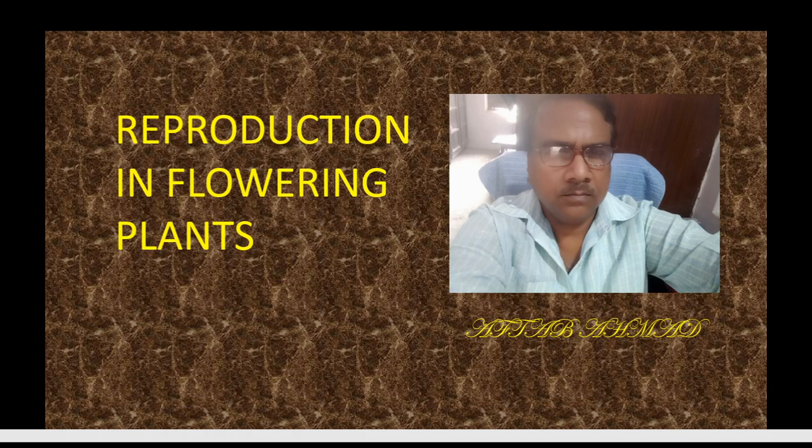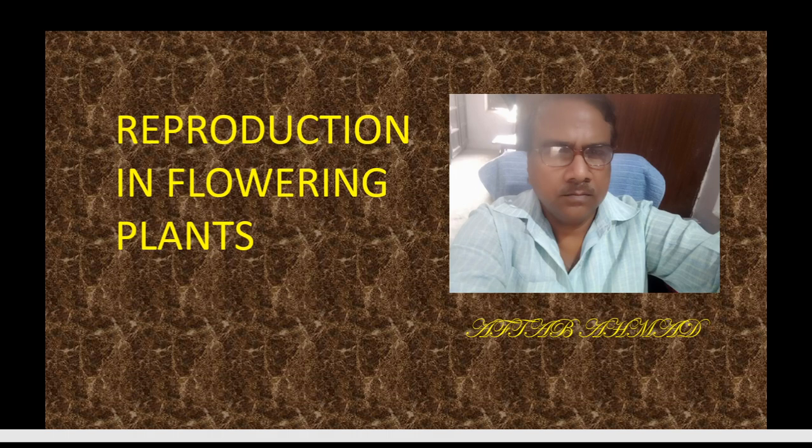From the morphological point of view, a typical flower may be structurally divided into 4 floral whorls. In a typical flower, there are 4 types of structures, and these structures are called floral leaves. These are arranged in 4 whorls.